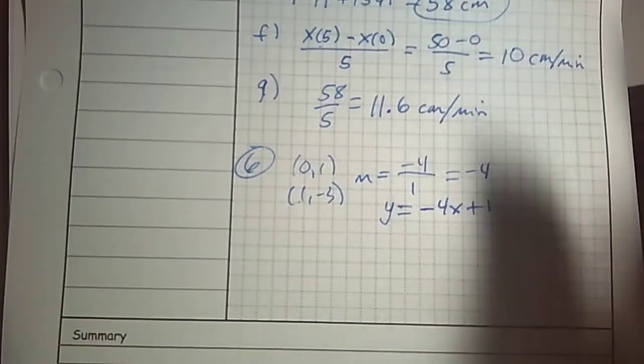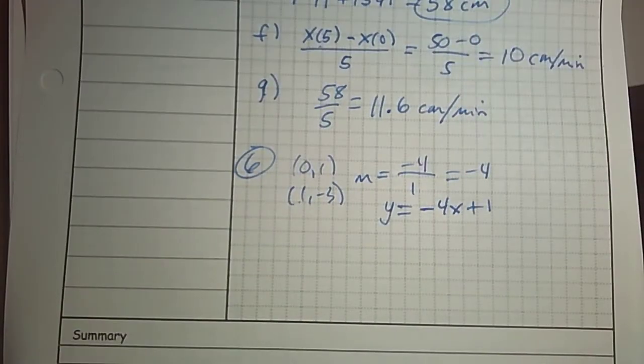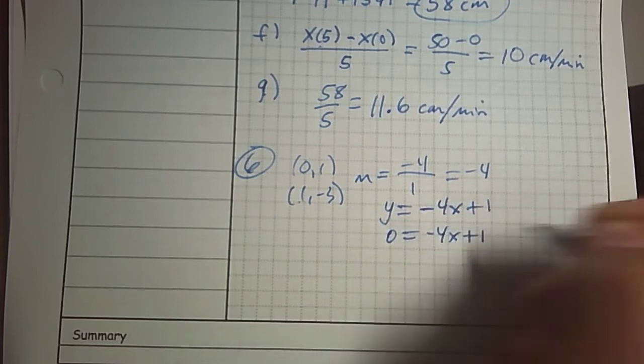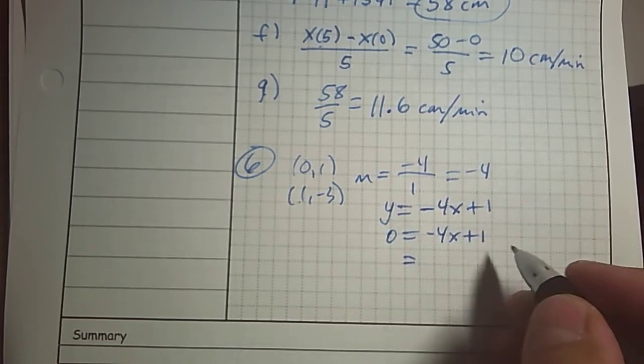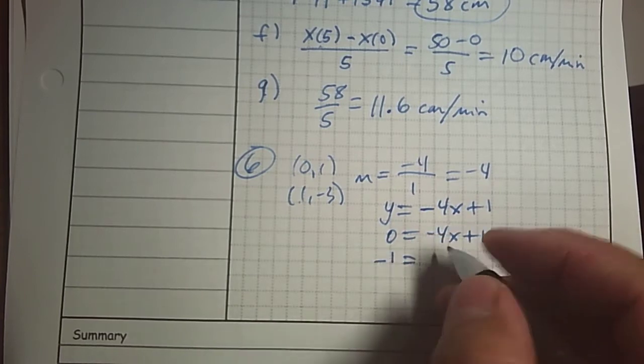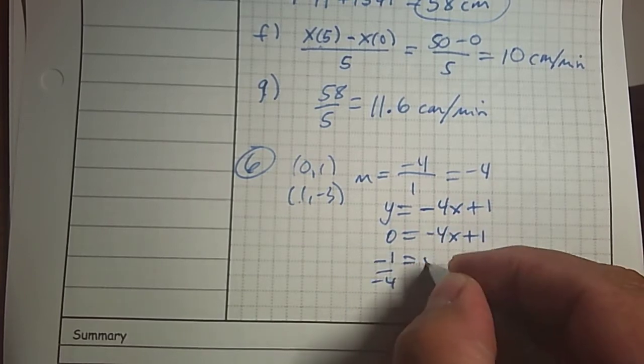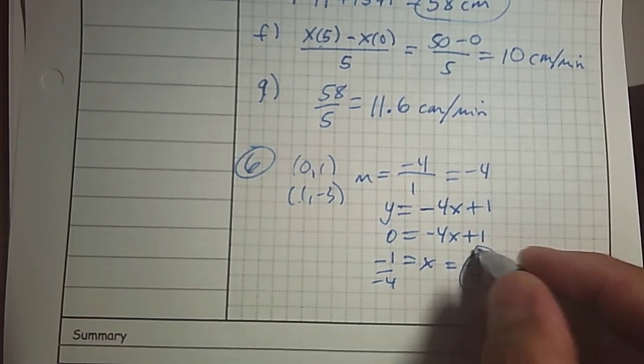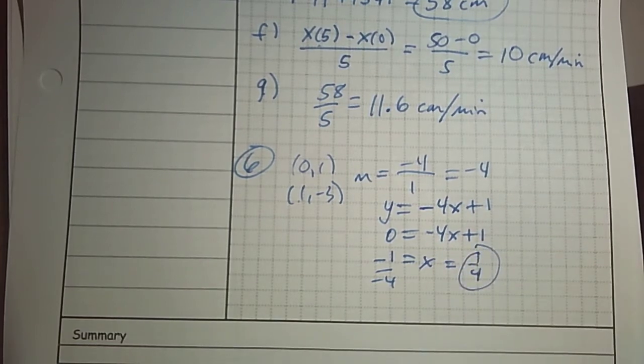That's the equation of that segment. I want the intercept. So I'm going to make it equal to 0, and I'm going to solve it. So I'm going to subtract 1, and then divide by negative 4. So what's the exact answer for that value? And the answer is 1/4.